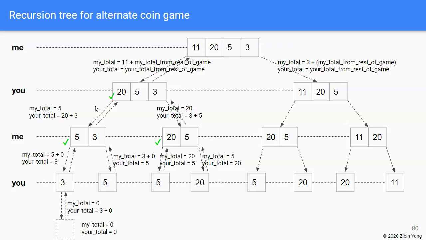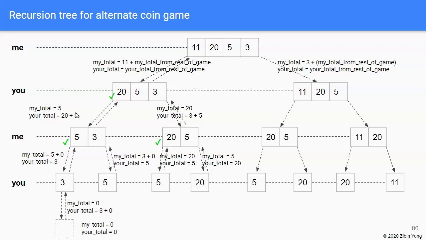Between these two results, since you're the one making the decision, obviously you want to get the most coins for you. So you're going to pick 23, which is more than 8, right? You're going to pick this result, and that result is going to get propagated up this branch here.